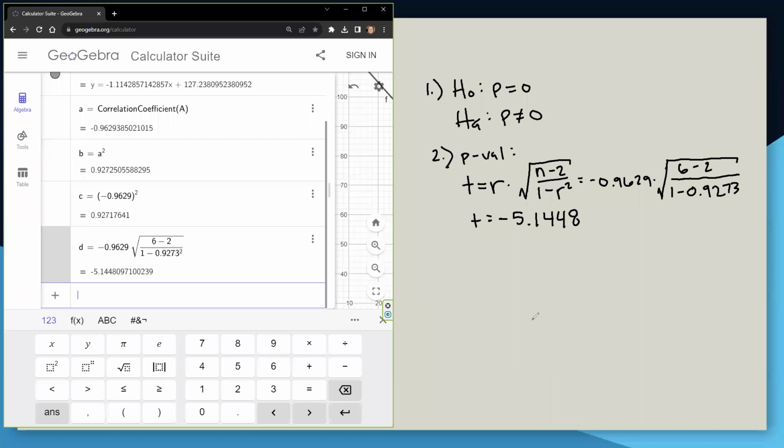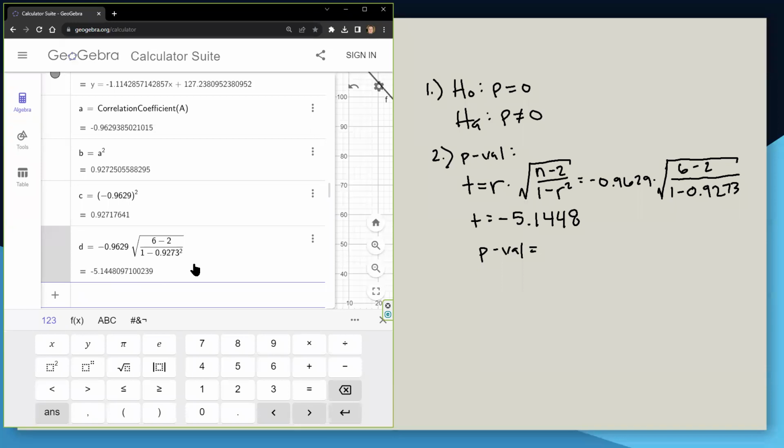So we're going to go ahead and run that t-distribution call to get our p-value. And I'm actually going to do something because I want to be extra accurate. I know that I can call that value, that unrounded answer that I just got, because the calculator gave it a name. GeoGebra stored that value in the variable d.